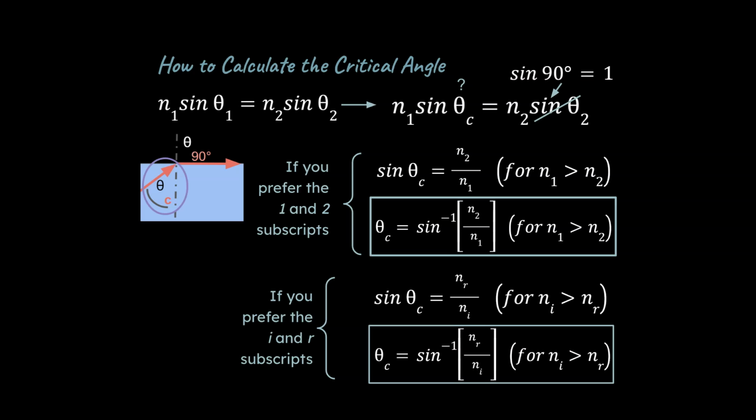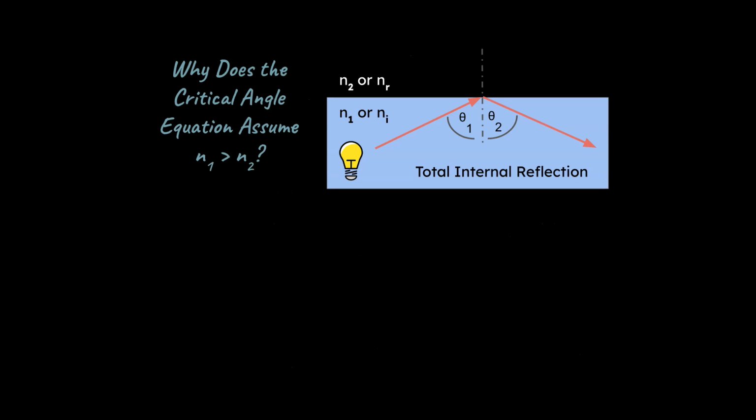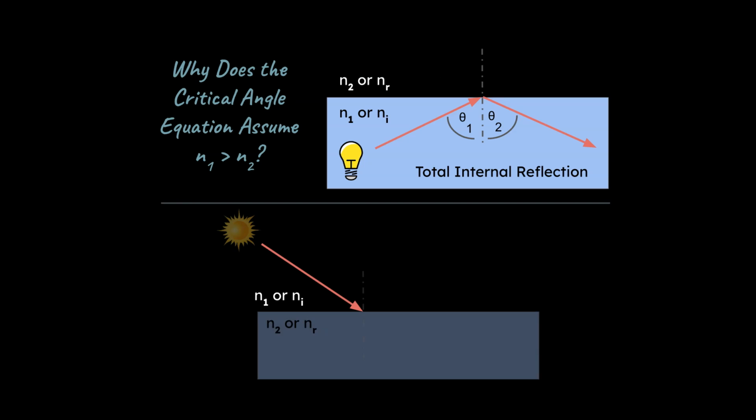One last thing I want to talk about, and that is why does the critical angle equation assume n1 is greater than n2? So let's think about this really quickly. We can say, in this case, this is the scenario that we described before, this would work, or if this was like, say, glass and air, or glass and like some polymer out here that was kind of clear-ish, that would work right here.